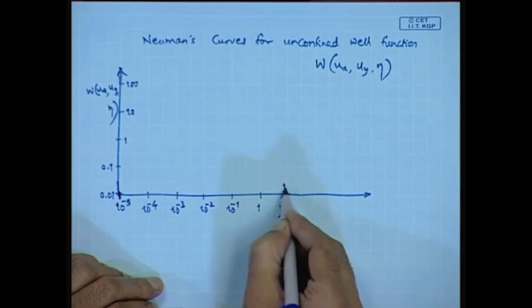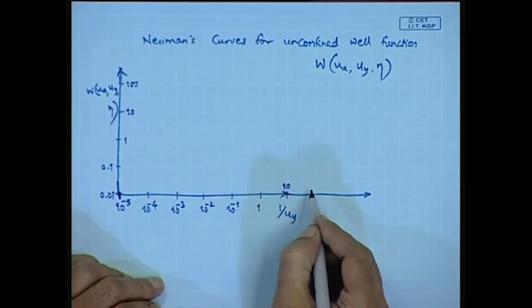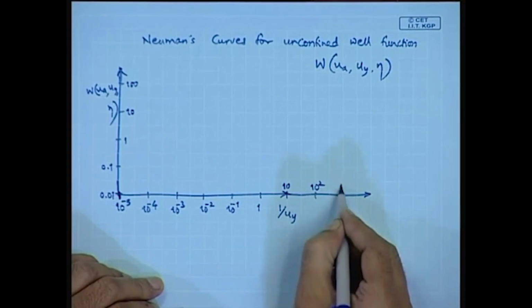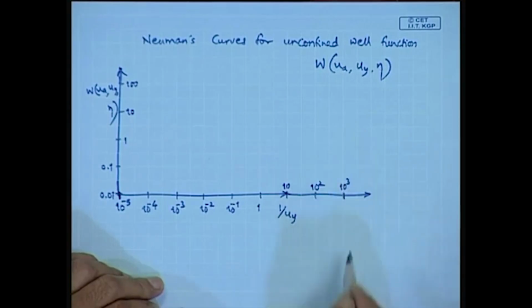So, this is 10, then this is 10 square or 100, and then this is 10 cube or 1000.